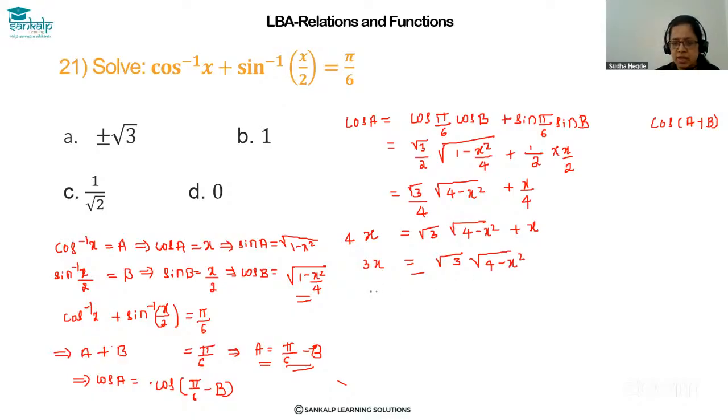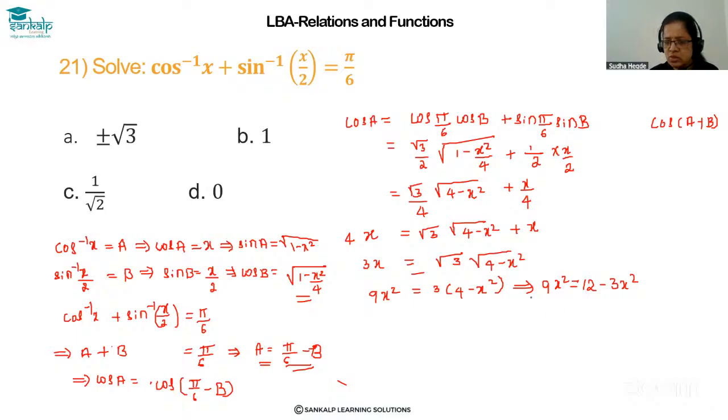Squaring on both sides, what will you get? 9x square is equal to 3 into 4 minus x square. Correct? This implies 9x square is equal to 12 minus 3x square.